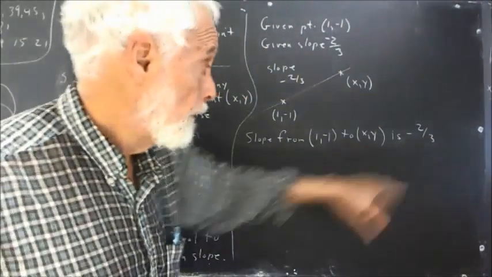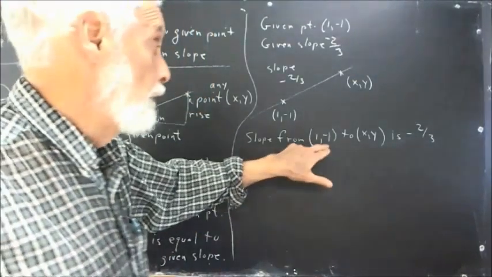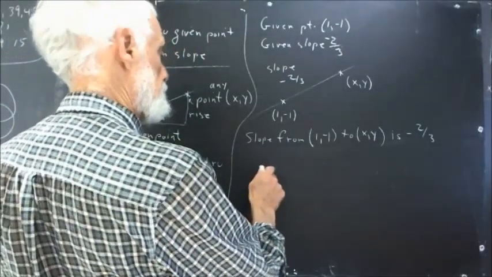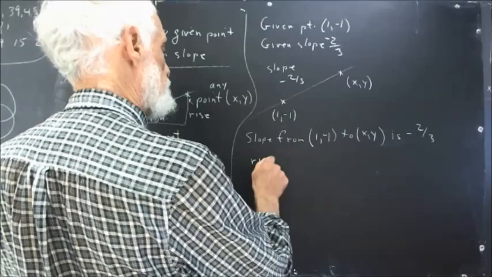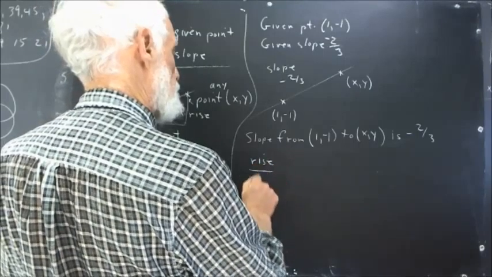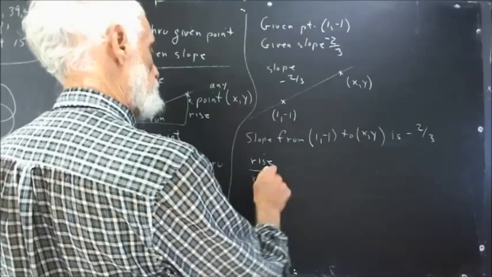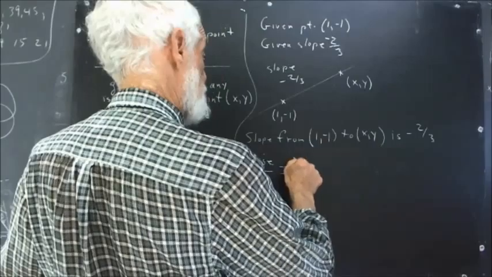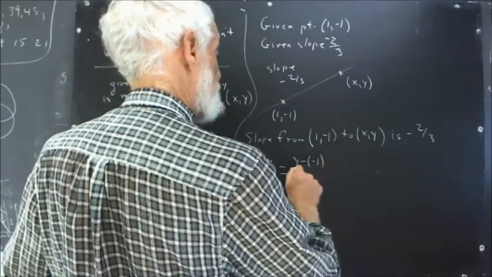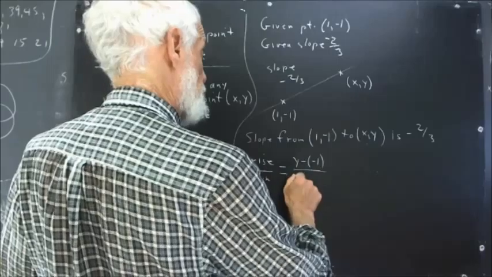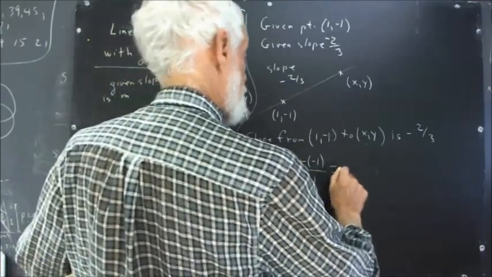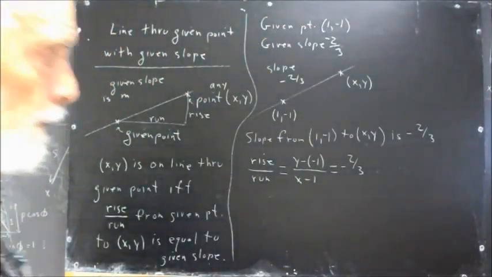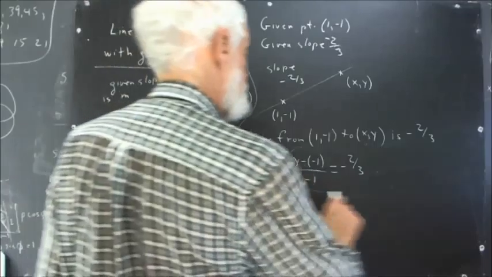So how do we write this as an equation? Well, what's the slope from 1, -1 to xy? Rise over run is what? What's the rise from -1 to y? That's going to be y minus -1. The run is going to be x minus 1, and that should equal -2/3. So, well, right here we've got an equation we can solve for y.